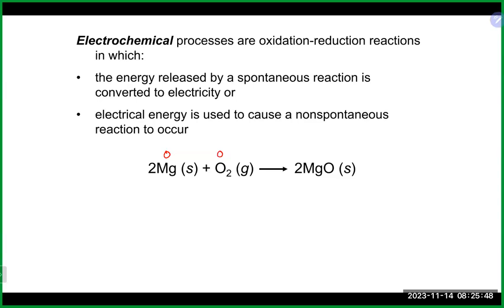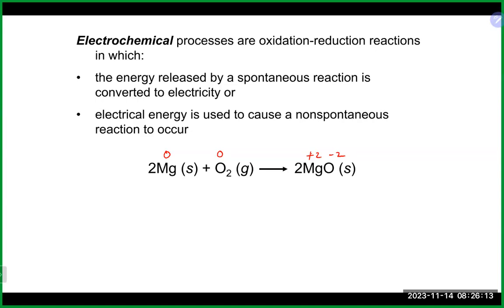Things only get charges when metals and nonmetals come together, and that's what happens on this side. It makes an ionic compound, with a +2 and a -2 for our oxygen. So when we're trying to decide what is being oxidized and what is being reduced, you want to look at the oxidation states.